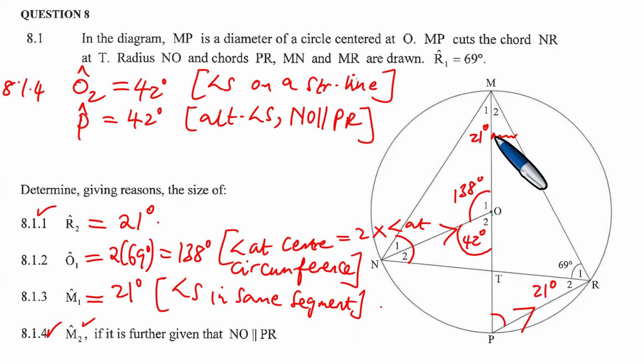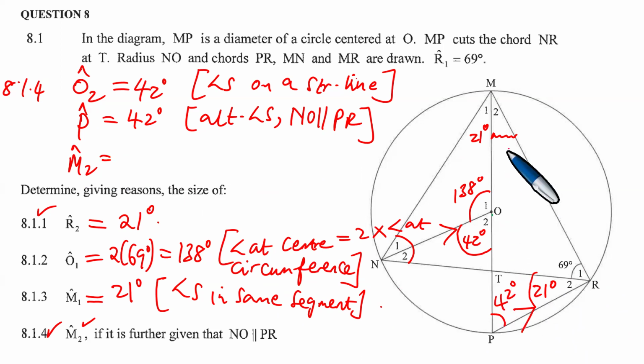What is the angle M2? We've already got the angle P, which is 42 degrees, and we've already got that this one is 21. So the angle M2 is obvious.